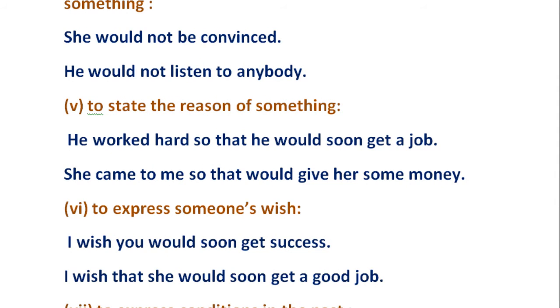Next use of would, use number 4, is that would is used to say that someone was not willing to do something. When someone does not want to do something, there we use would.